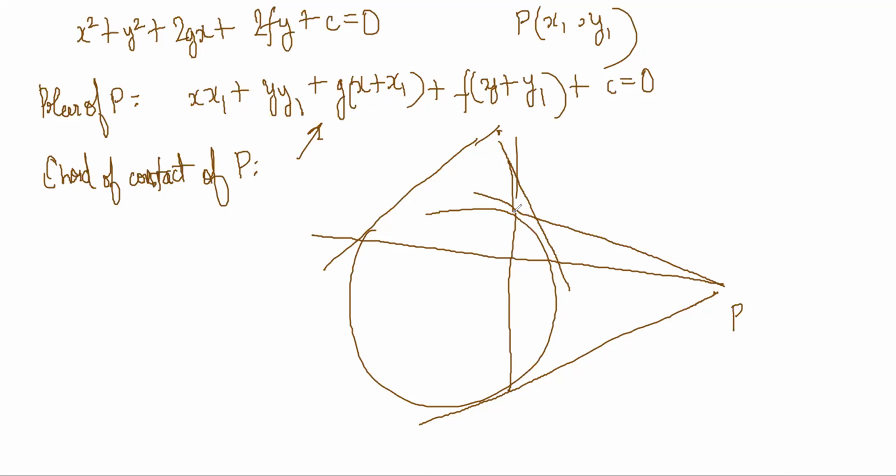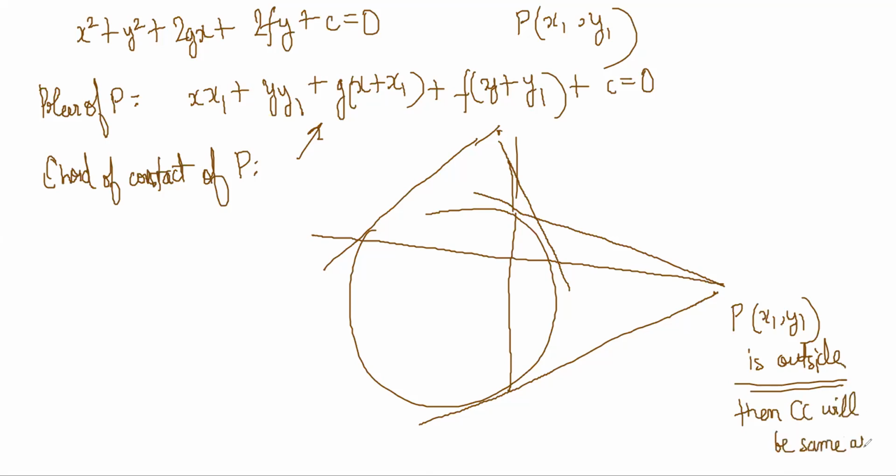Now if the point x1 y1 is outside the circle, then the chord of contact and polar will coincide. Then CC will be the same as the polar line.